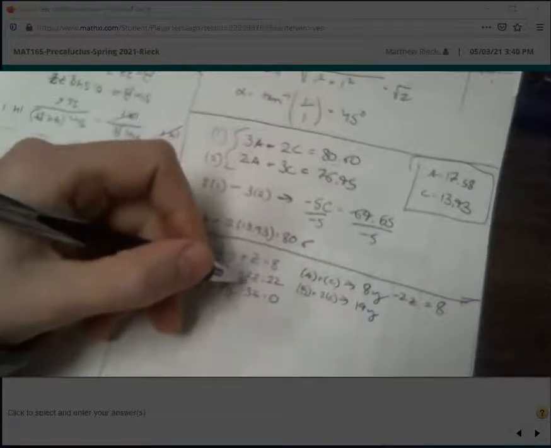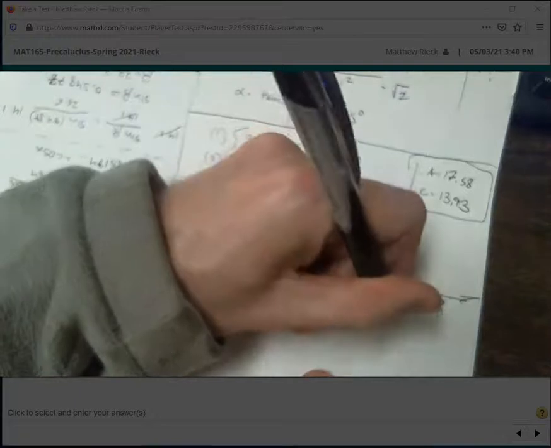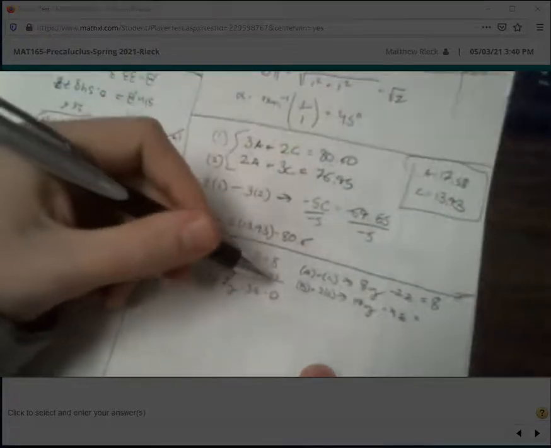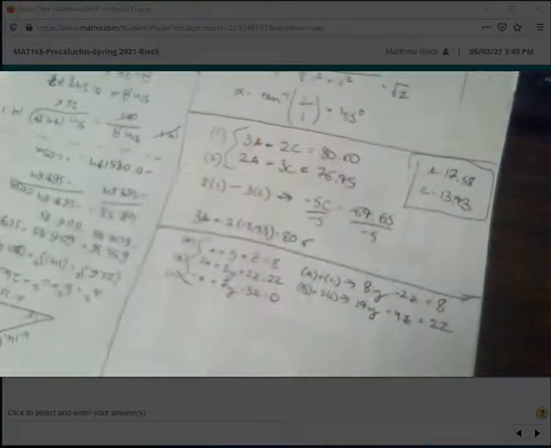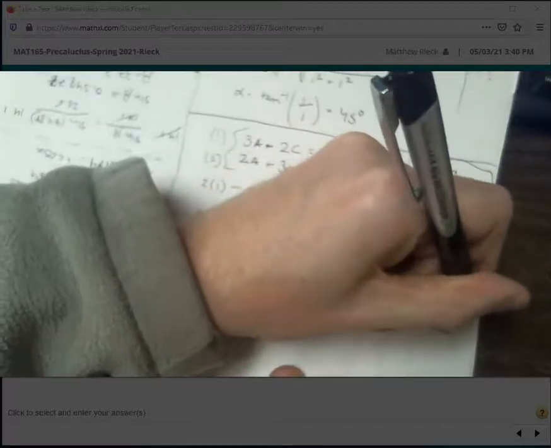And then 2 plus 2 times the negative 3, so that's 2 minus 6, which is minus 4z. And then we have 22 plus 2 times 0, which is 22. All right, so I'll call this equation D and this equation E.